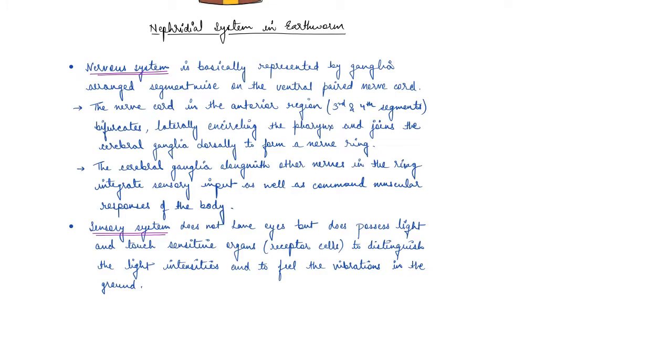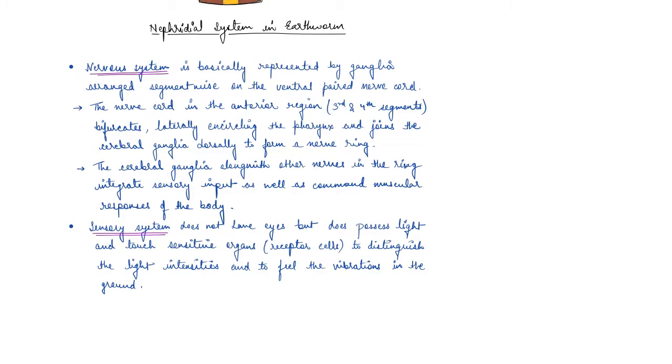Now, apart from that, the sensory system. Basically, the earthworm does not have eyes, right? But they have light and touch sensory organs. They have receptor cells for these sensations, light as well as touch.